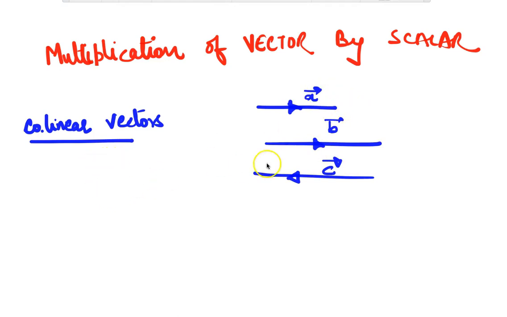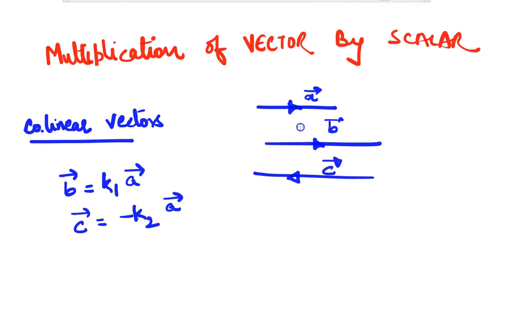So we can say b vector is equal to k1 a vector, c vector is equal to minus k2 a vector. So if we multiply by k1 we get this, and if we multiply by a scalar k2 we get this, but in an opposite direction. So these vectors are called collinear vectors, parallel vectors but with different magnitudes.